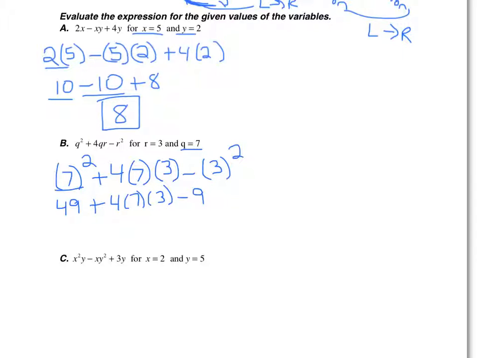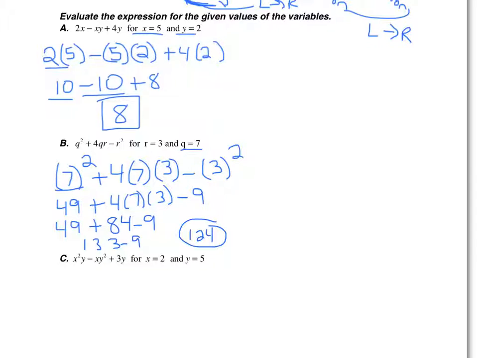Well, we have multiplication, so we have 49 plus 4 times 7 times 3, so 7 times 3 is 21 times 4 is 84, minus 9. And then addition and subtraction. So 49 plus 84 is 133, minus 9 is 124.